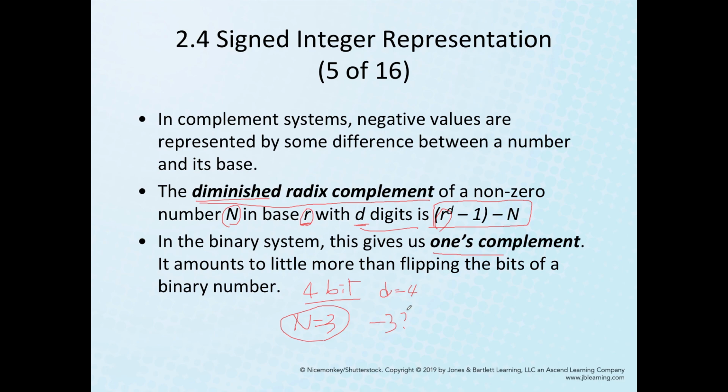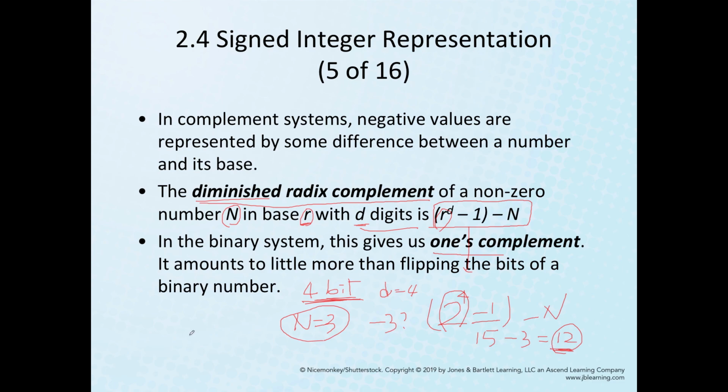So negative 3 is represented by this formula: the base, the radix 2, to the number of bits 4, minus 1, minus n, which is 3. So 2 to the 4th is 16, minus 1 is 15. 15 minus 3 is 12. So in a 4-bit system, 12 is represented as negative 3.